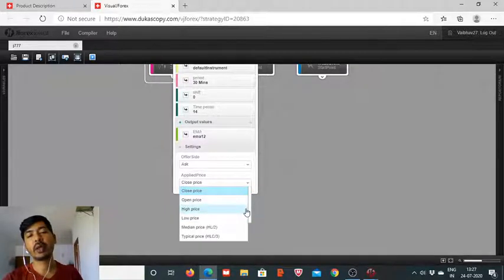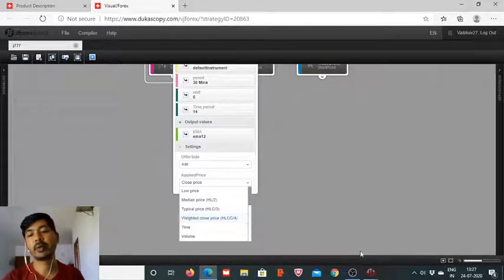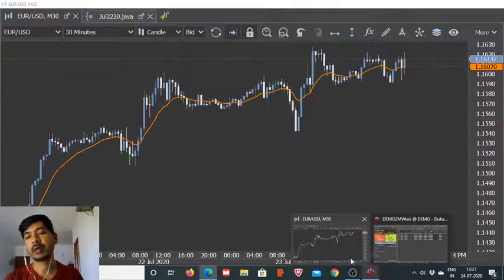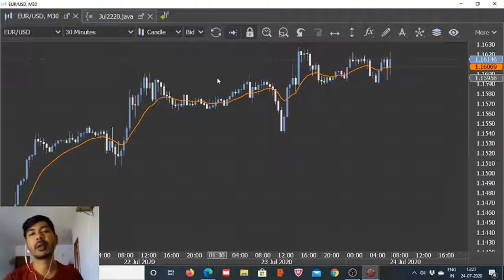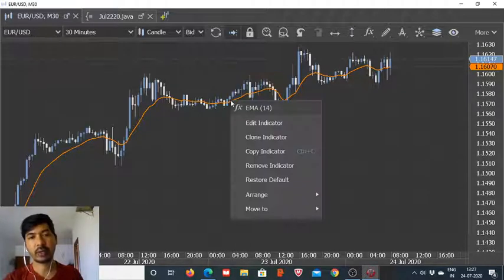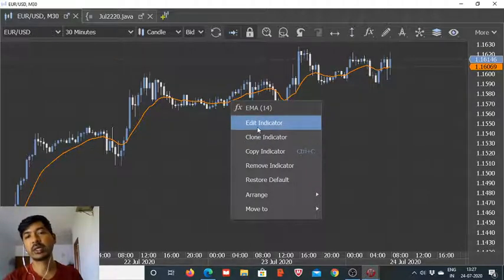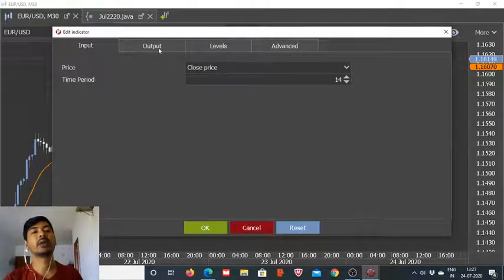If it is a low price, median price, or the typical price, or you can say weighted close price, then it will be calculated accordingly as per the formula of the calculation.